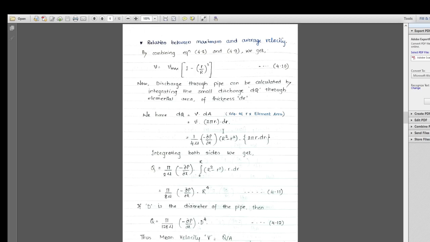Integrating both sides, we will get Q is equal to, after rearranging these terms, the constant part pi by 2 mu into minus delta p by delta x, and we integrate from 0 to R of (R square minus small r square) into r dr. So Q is equal to pi by 8 mu into minus delta p by delta x into R raised to 4.